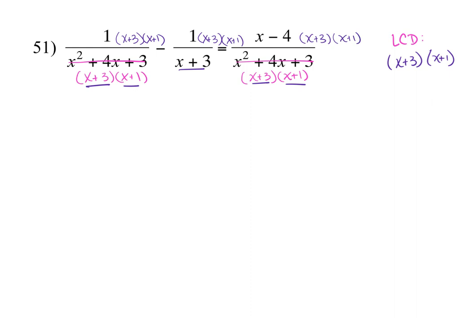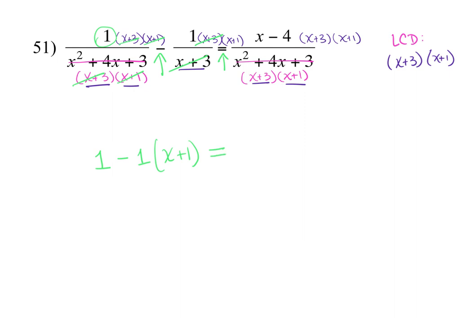And now I'm ready to cancel. For this first term, everything in the denominator should cancel. All of it canceled. I'm left with just the 1. Don't forget you have a minus sign right there. So I'm going to say minus. In this second group, the x plus 3 cancels, so I have a 1 times x plus 1. Don't forget you have an equal sign there.